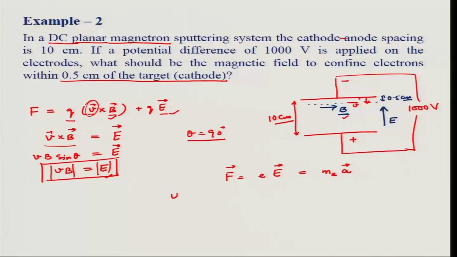And we know that u, which is the starting speed or velocity, is 0 for electron. U is 0, s, the distance travelled, is 0.5 centimeter, and we need to know what is V.